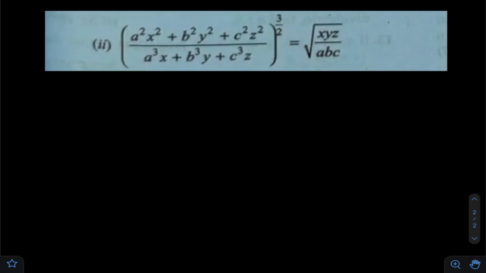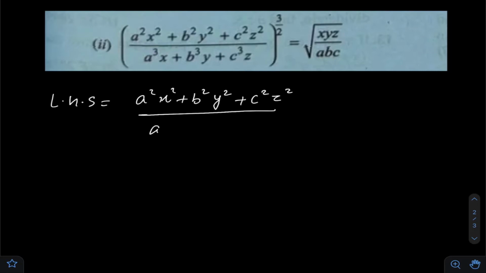Now come to the second part of the same question. I am taking the left hand side: a square x square plus b square y square plus c square z square over a cube x plus b cube y plus c cube z to the whole power 3 upon 2.